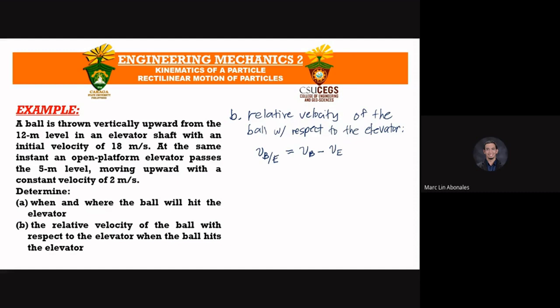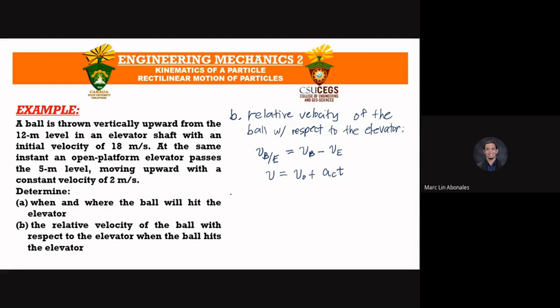And since this is the final velocity of the ball and open platform elevator, we again use the equation for constant acceleration. So what we will use here is the equation of velocity as a function of time, which is V is equal to VO plus AT.